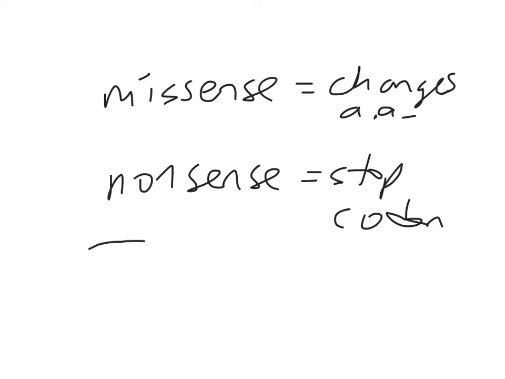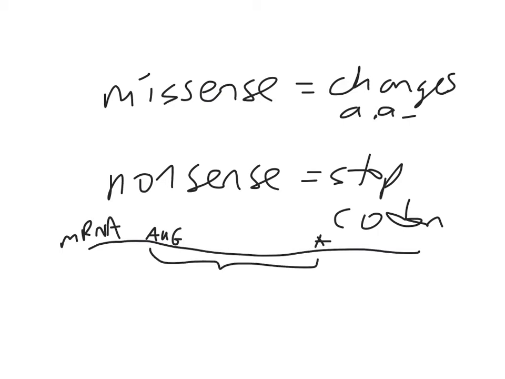So if you imagine a messenger RNA that has a stop codon normally somewhere towards the 3' end of the messenger RNA molecule, and let's say the AUG is there, you get a protein produced of a certain length. Let's say that's 20 codons worth of sequence.